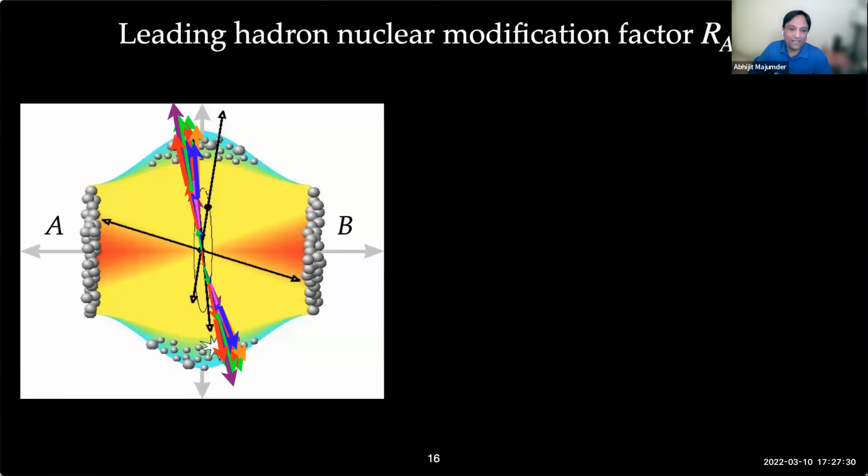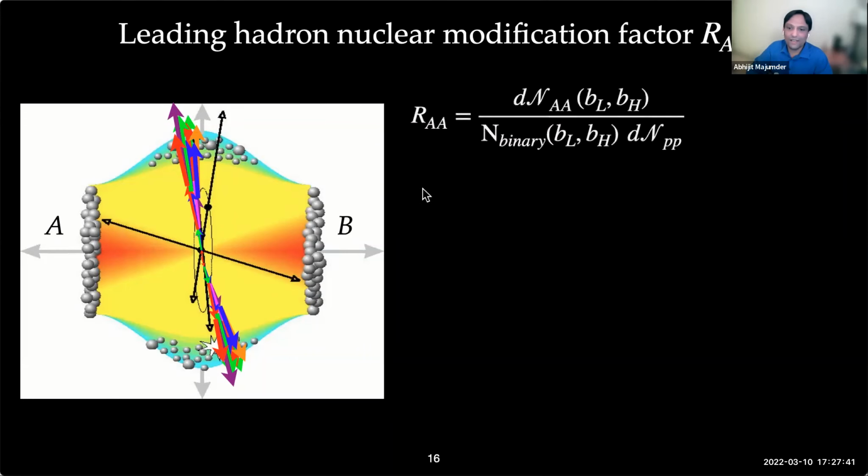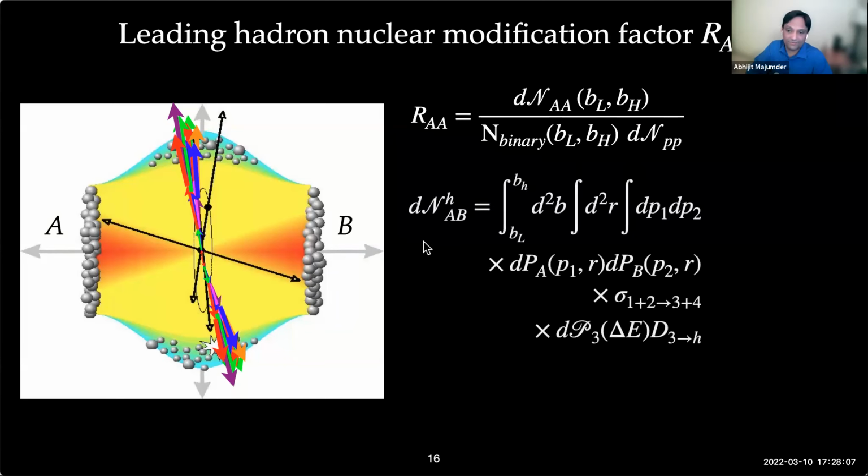If you think of a collision of two heavy ions where jets are being produced, and these jets have to go through the medium, and you capture them, then RAA is the yield of jets, of hadrons, whatever you are interested in, in some range of centrality or impact parameter, divided by the same yield in a PP collision scaled by the number of expected nucleon-nucleon collisions that could happen in a heavy ion collision.